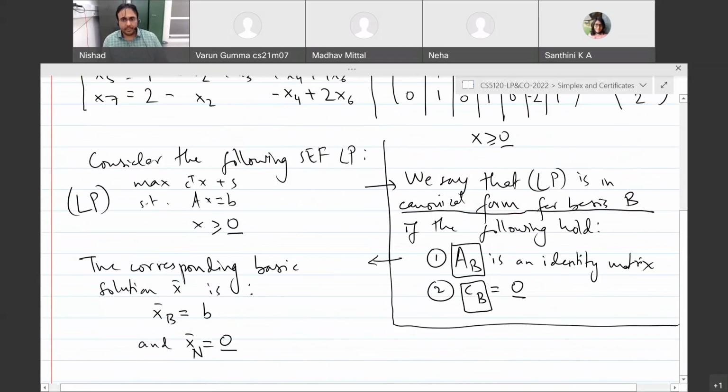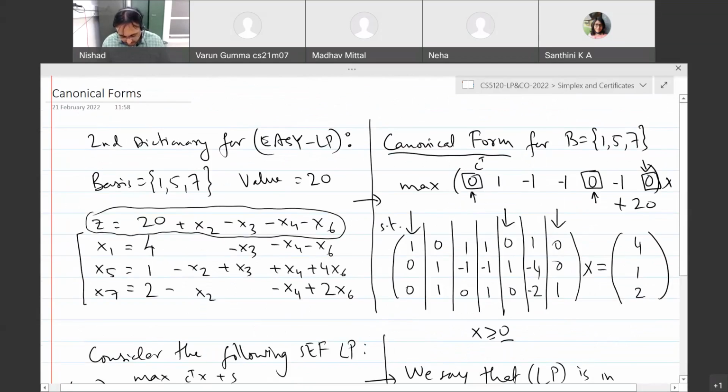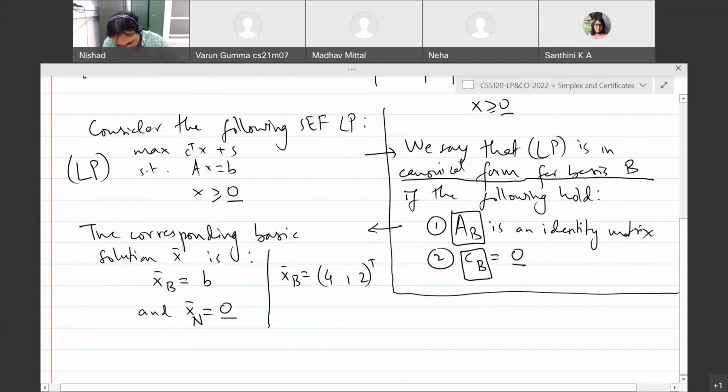Right, so in our example, we get x bar B to be 4, 1, 2 and we get x bar N to be all zeros.